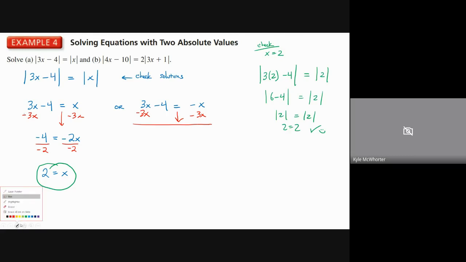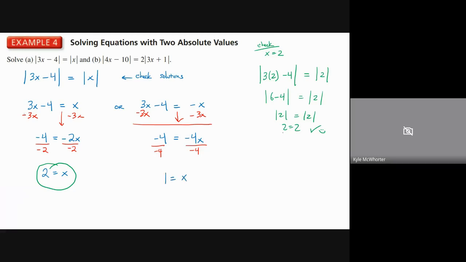We get, so we're going to get negative 4 equals negative x minus 3x would be negative 4x. Then to get x by itself, we're going to divide both sides by negative 4. And that gives us negative 4 divided by negative 4 is 1. So we get x equals 1.